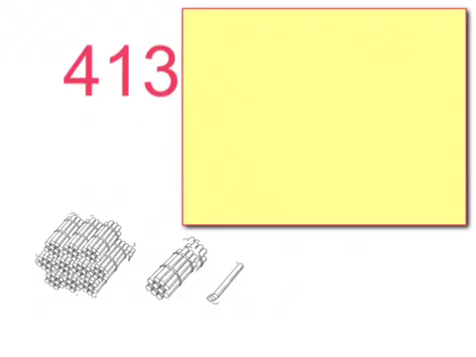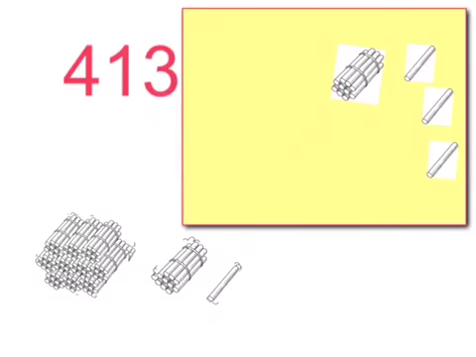I can see it says there are 3 ones, so I need to move 3 ones out to here. 1, 2, 3. Next I move to the tens. I can see in the number 413 that there is 1 10. So I just move out 1 10. Then I look in the hundreds column. I can see it says there are 4 hundreds.